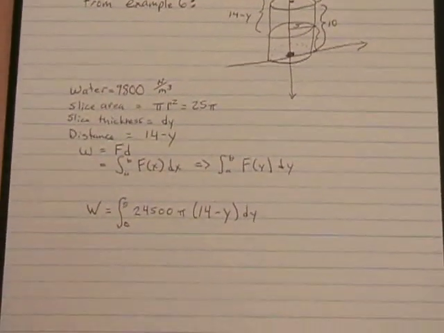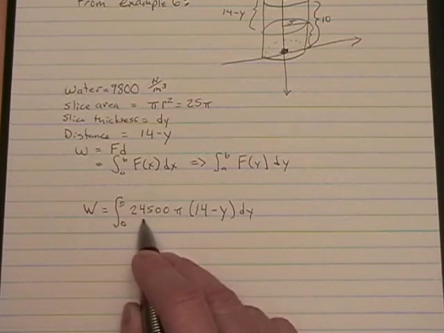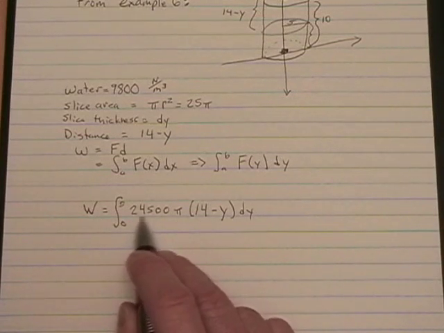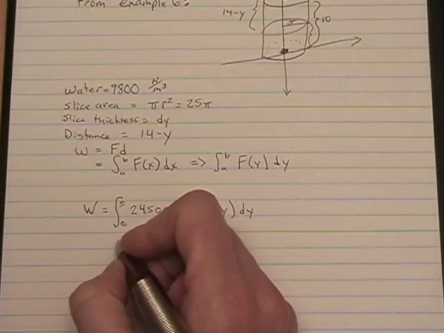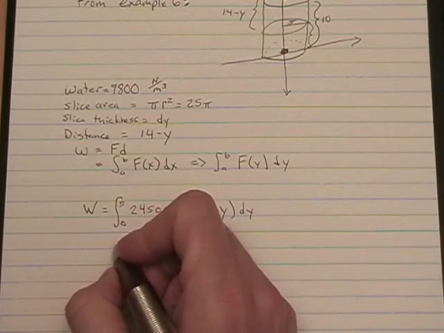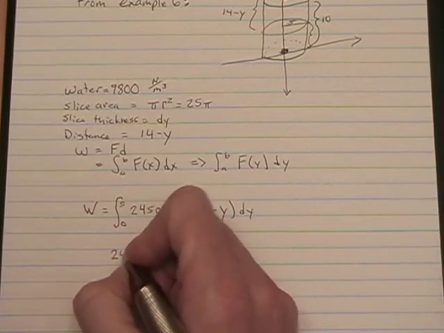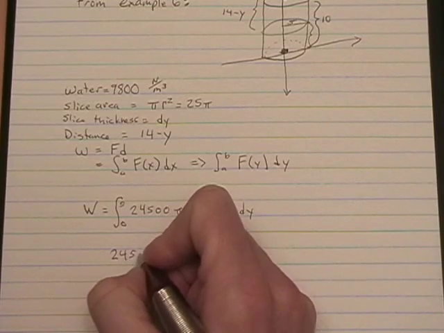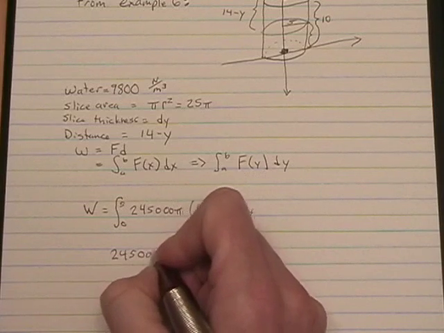Now, when you do these integrals, hopefully by now you've found out that you can do the integration right on your calculator. I'm going to go ahead and do it by hand. First thing I'm going to do is factor out the 245,000 pi.